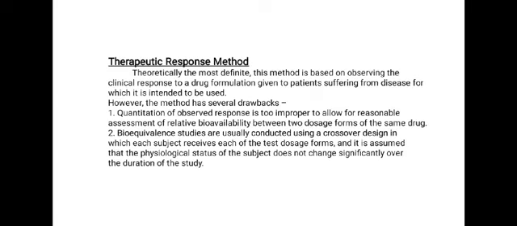Then the therapeutic response method. Theoretically the most definitive, this method is based on observing the clinical response to a drug's formulation given to patients suffering from the disease for which it is intended to be used. Then this method shows some drawbacks. First, quantitation of observed response is too imprecise to allow for reasonable assessment of relative bioavailability between two dosage forms of the same drug.